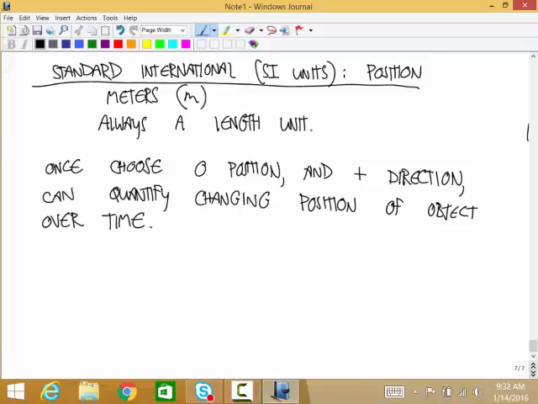It could go from +1 to -5 to +5 to -20. You can quantify that. What we're trying to get to is expressing the position of this object as a function of time. And right now we haven't talked about how to get time into that measurement. So that's what we're going to start with next time.